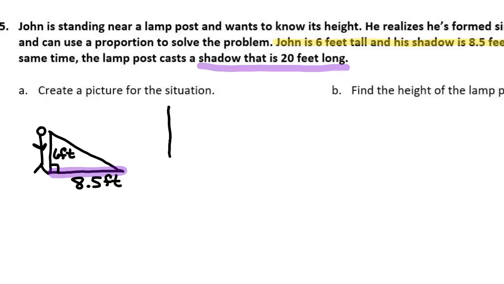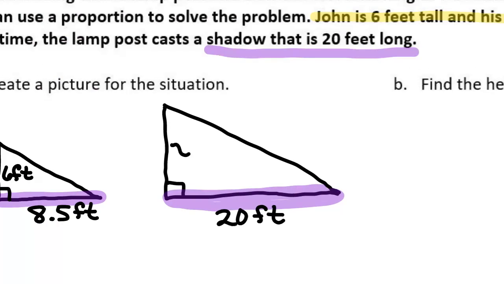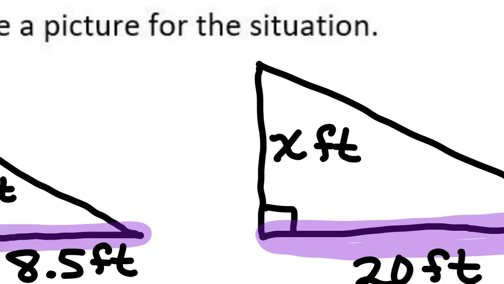So we have a lamp post here, a much longer shadow, and it's making a right angle with the ground. So the shadow now is 20 feet long. And we do not know how big the lamp post is.